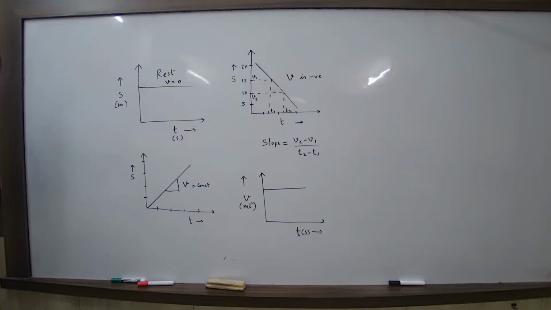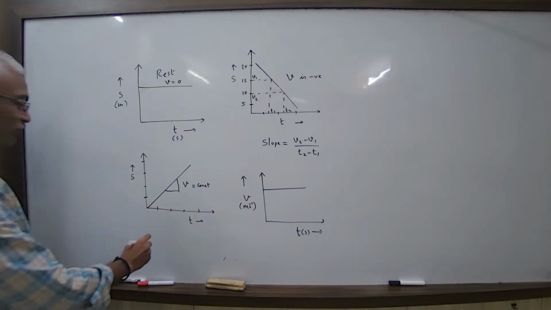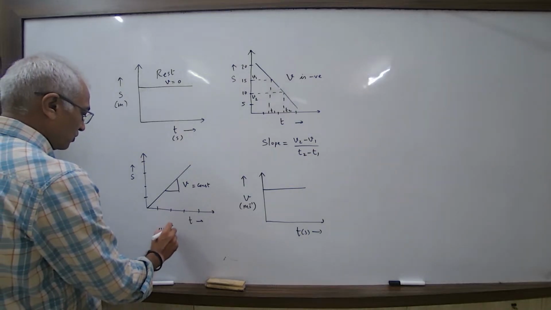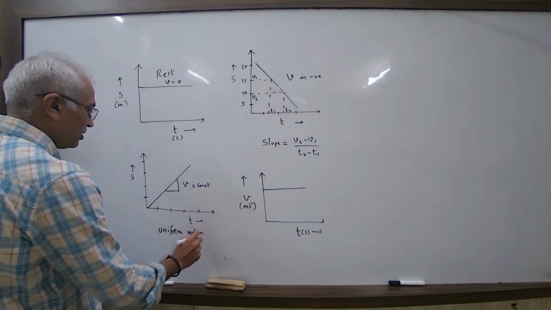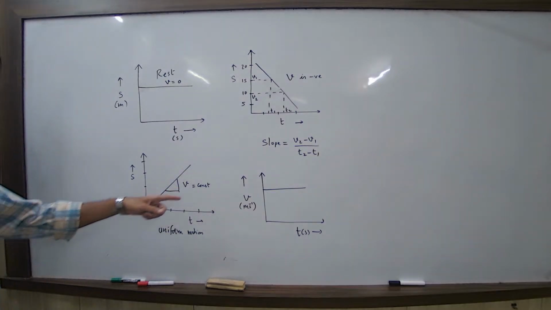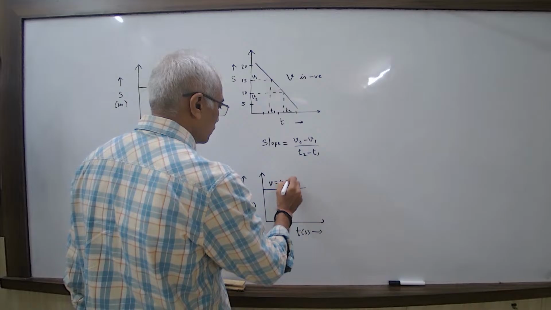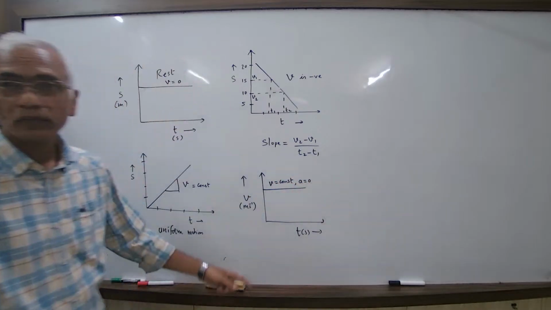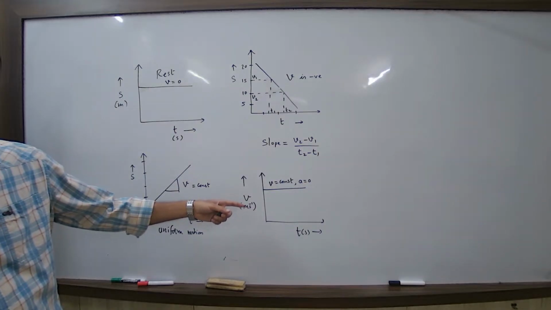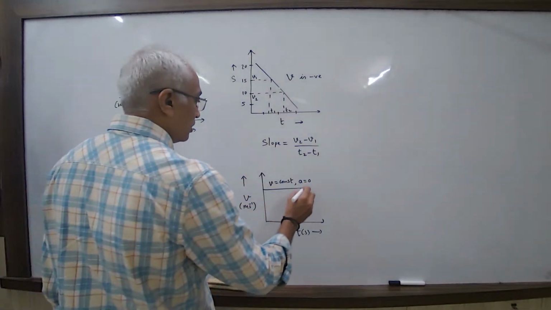V is constant. Which means? Constant velocity. Which means uniform velocity. Uniform motion. Whenever V is constant, the motion is uniform. So here V is constant. Therefore, acceleration is 0. There is no acceleration, but it has constant velocity. Therefore, this represents uniform motion.